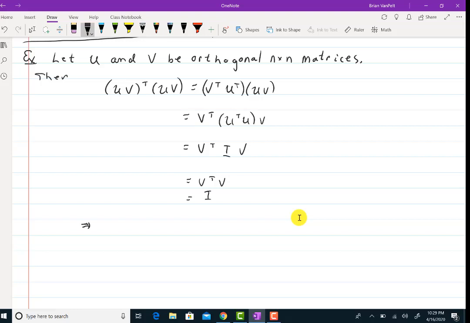So this implies that UV is invertible, and UV inverse equals UV transpose. And you can adjust that for any product of matrices that you want, U1 up to Un, and work something like this.